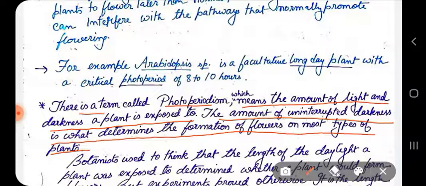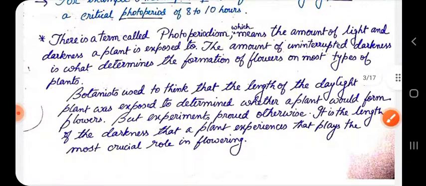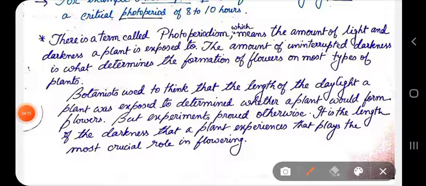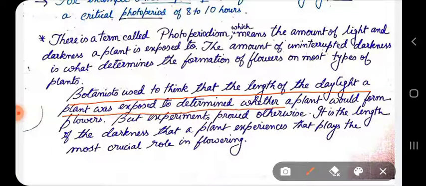So here photoperiodism simply means the amount of light and the amount of darkness a plant is exposed to, and this amount of darkness will determine the formation of flowers in most types of plants. Previously, botanists used to think that the length of the daylight a plant was exposed to would determine whether a plant would form flowers or not.